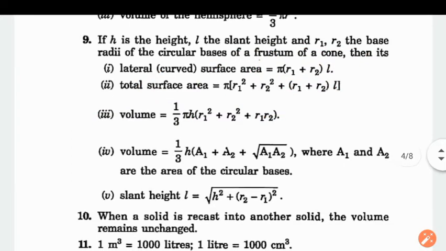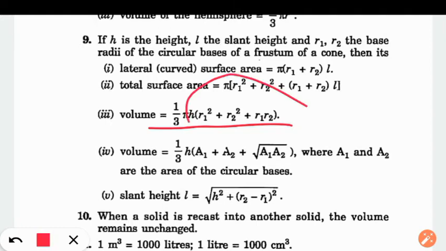Now what is the formula to find volume of the frustum? This one, 1/3 pi h, and in case of r we must have r1 square plus r2 square plus r1 r2.